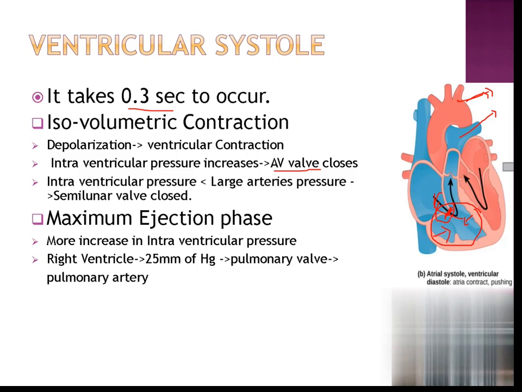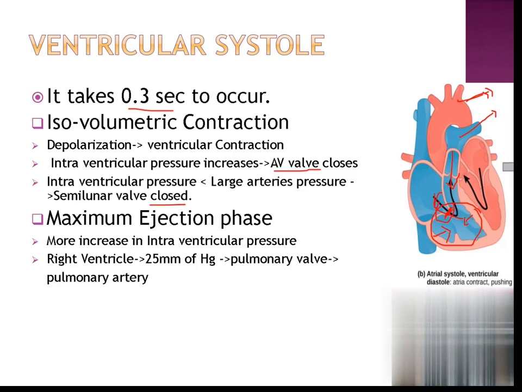The fluid will again gush into the arteries, due to the change in pressure. Now the semilunar valve will also close, so that the blood will not come back to the ventricle. Once it is out of the ventricle, it means it is out. It cannot come back. To prevent this backflow, the semilunar valve is closed.